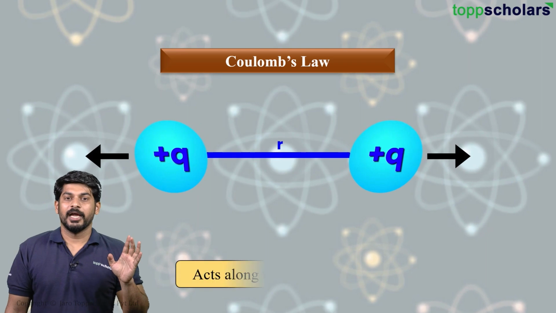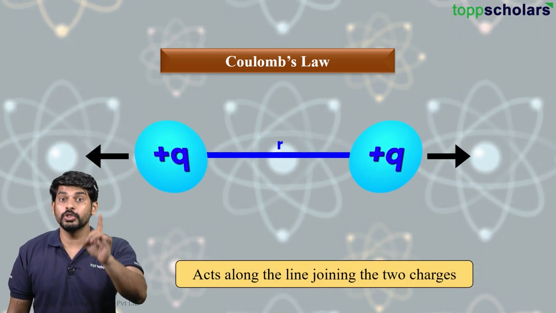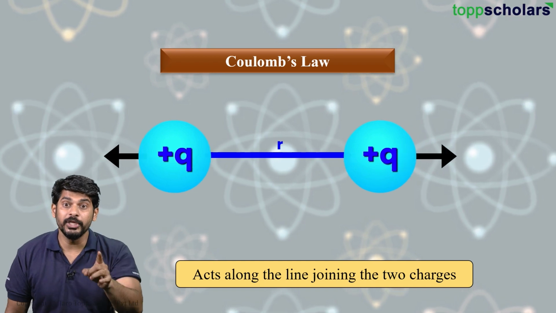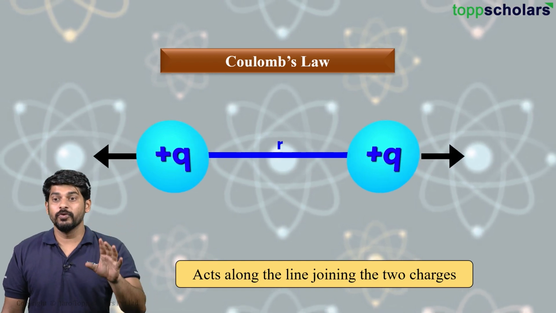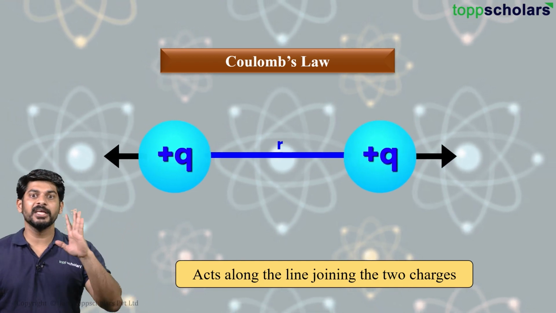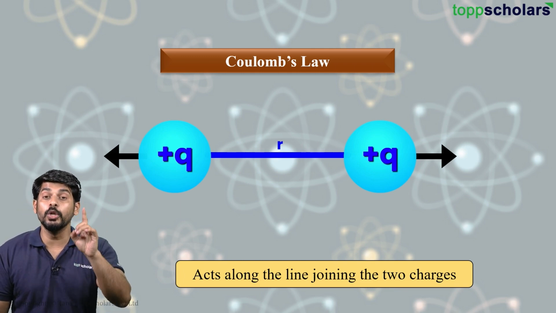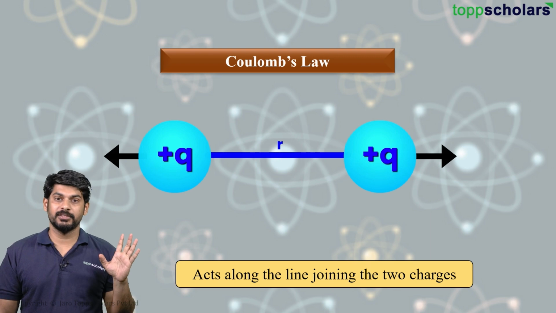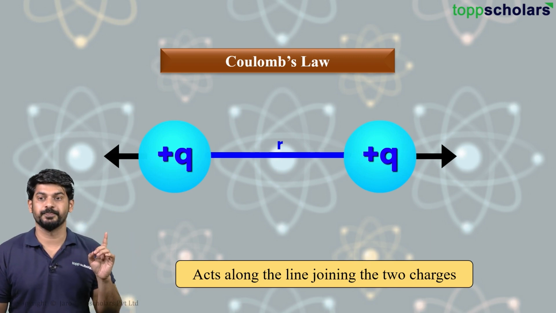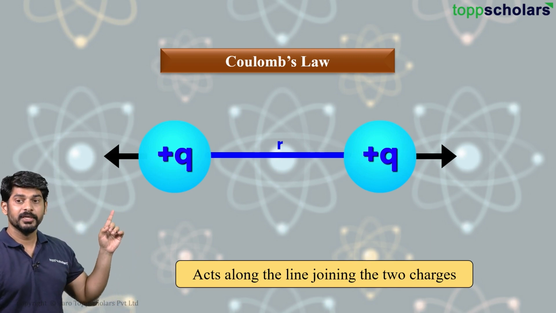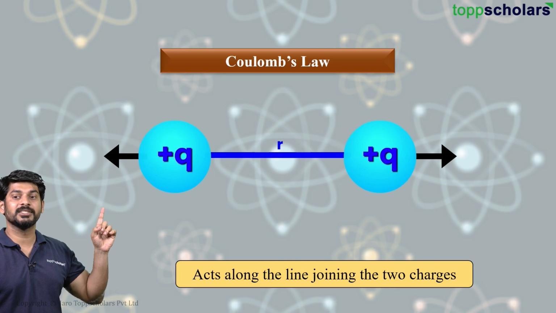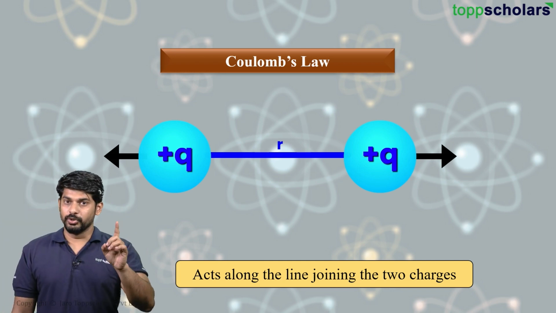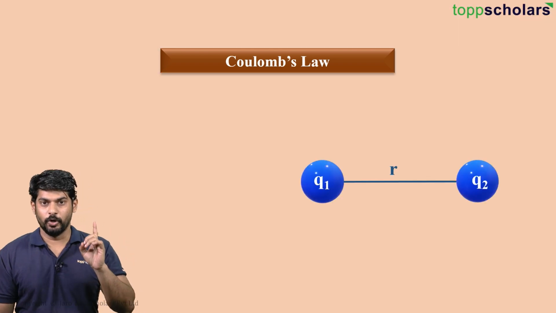Also, the force always acts along the line joining the two charges. So the force will never be in any other direction; it will always be along the line joining the two charges, as we can see here also. So this is basically Coulomb's law.